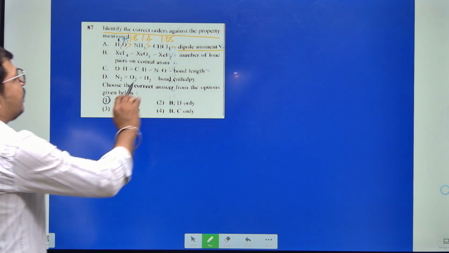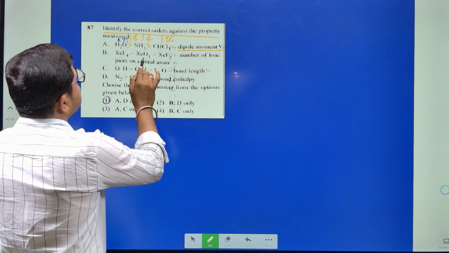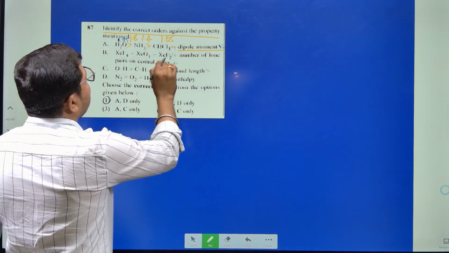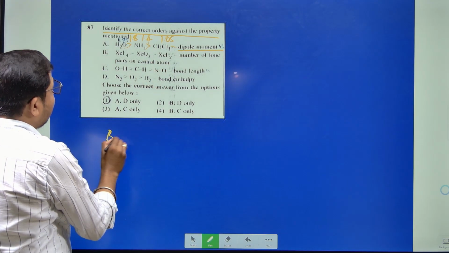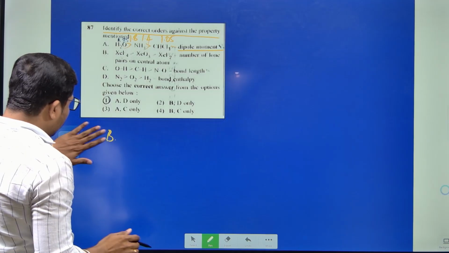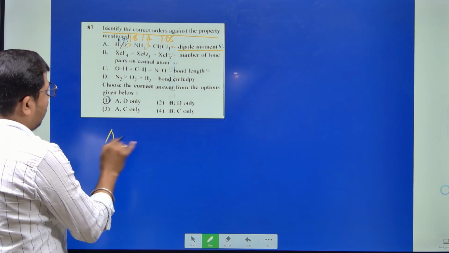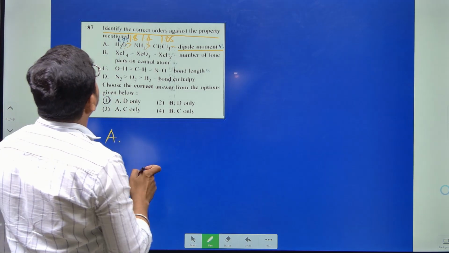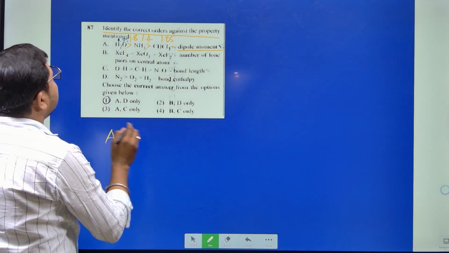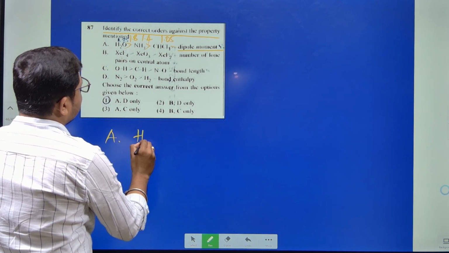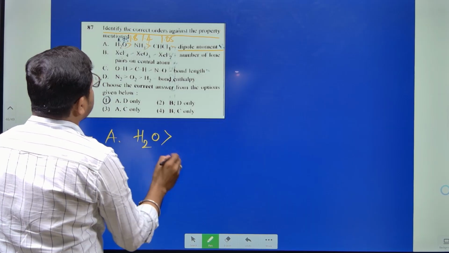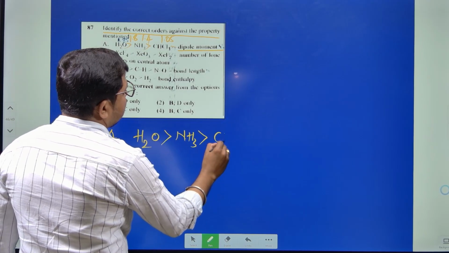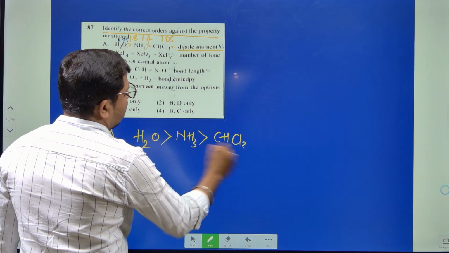And XeO4, XeO3, and then option B they have given. I will write both options, because the question is not clearly visible here. So option A: H2O is greater than NH3 greater than CHCl3, chloroform.